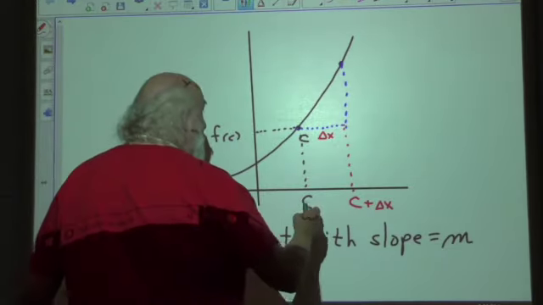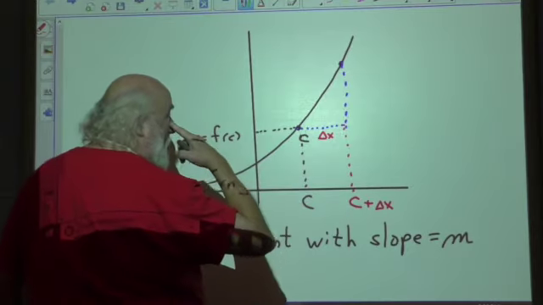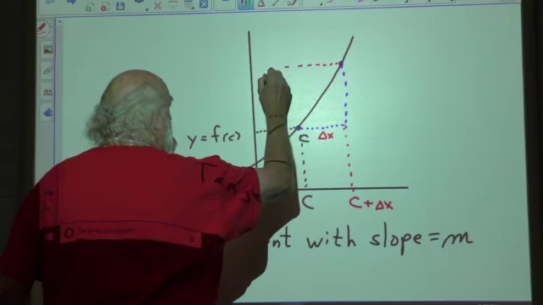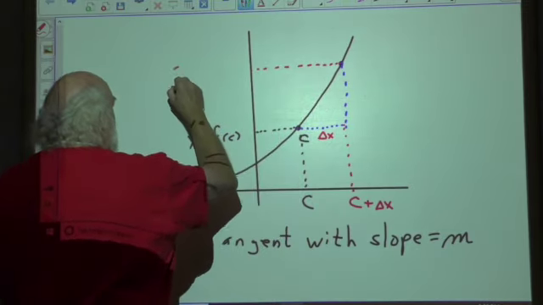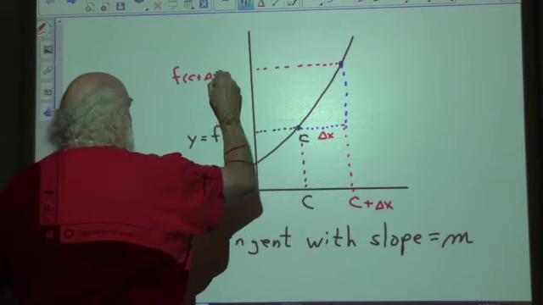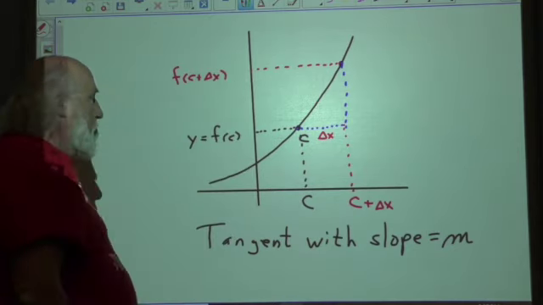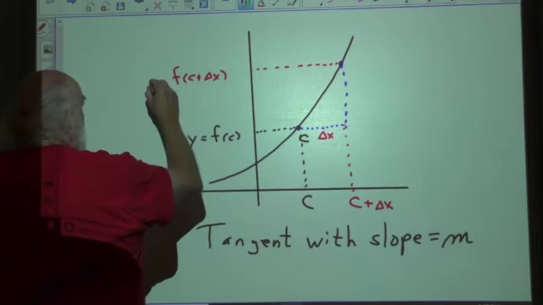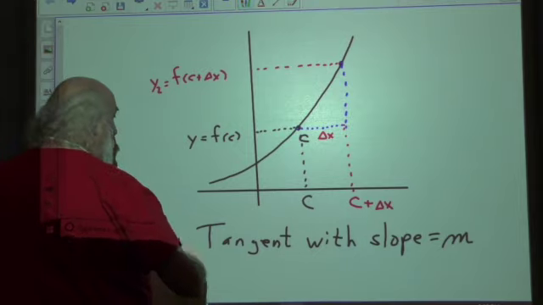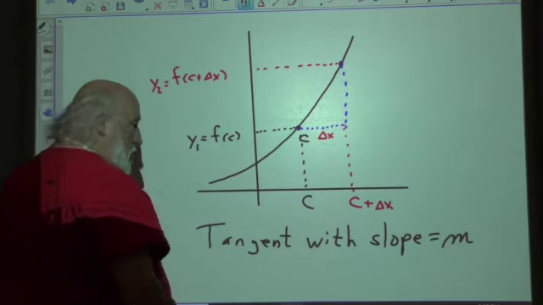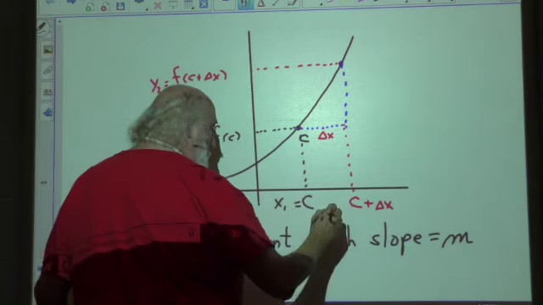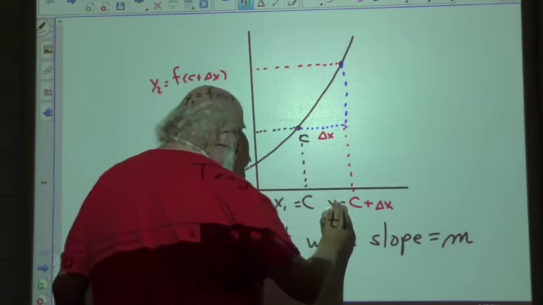That means then that the y value of this point is going to be the function of c plus delta x, whatever that turns out to be, which we will now call y2. This will be y1. We'll consider this x1, and we'll consider this x2.